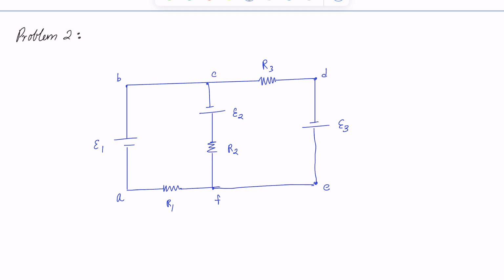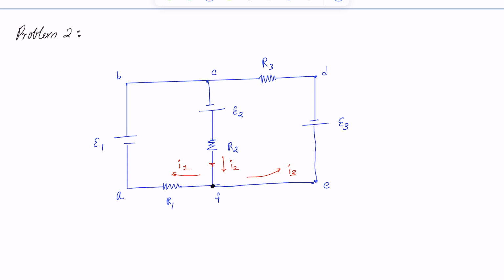Okay, so let's talk about point F here, this little junction F. If I say this current coming down like this, I'm going to call it I2, there's a current going this way, I3, and there's a current going here, I1. It's perfectly fine, we specify the currents and the directions.